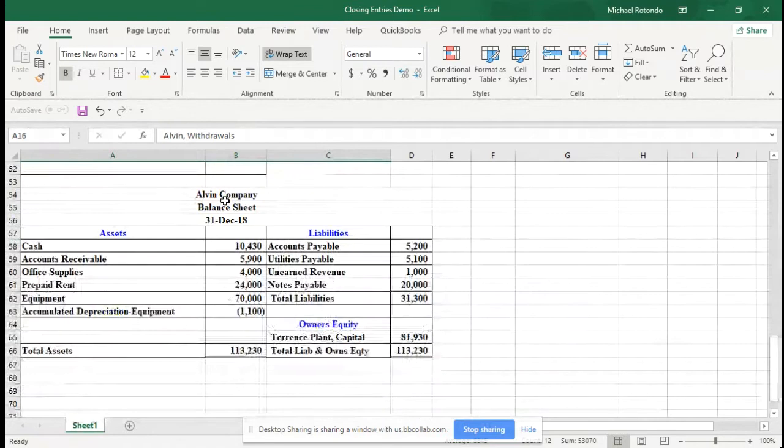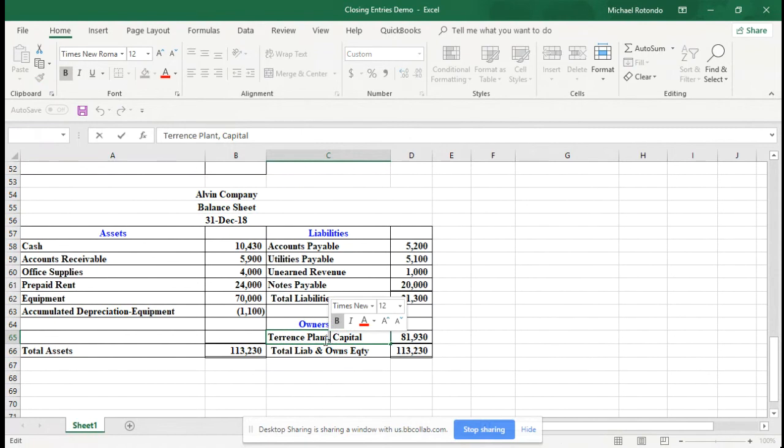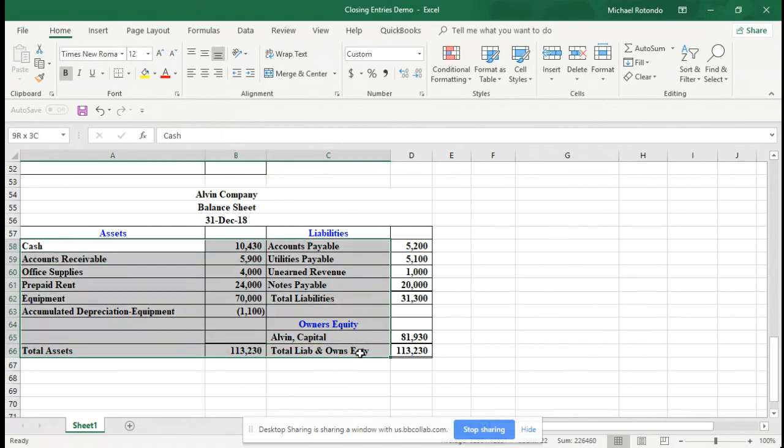Now, our permanent accounts, our balance sheet accounts, are permanent accounts, meaning their balances are going to carry from period to period. So the ending balances of these accounts on December 31st, 2018 will be the beginning balances on January 1st of 2019.